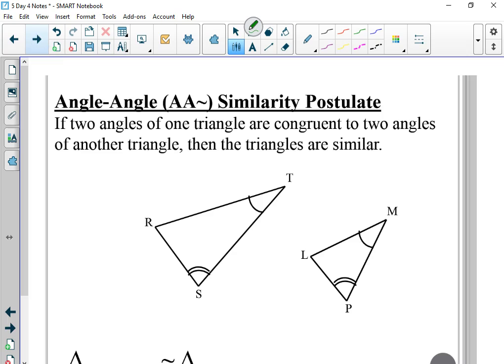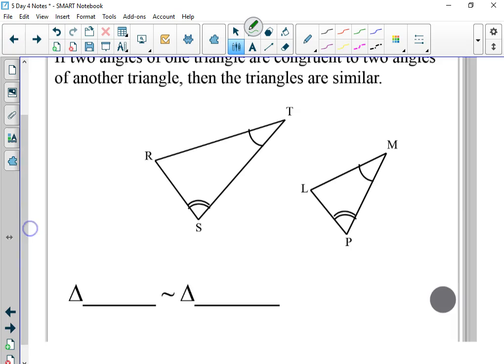With a postulate. So here we have the angle-angle similarity postulate. If 2 angles of one triangle are congruent to 2 angles of another triangle, then they are similar. So we're going to do the same way we did before.